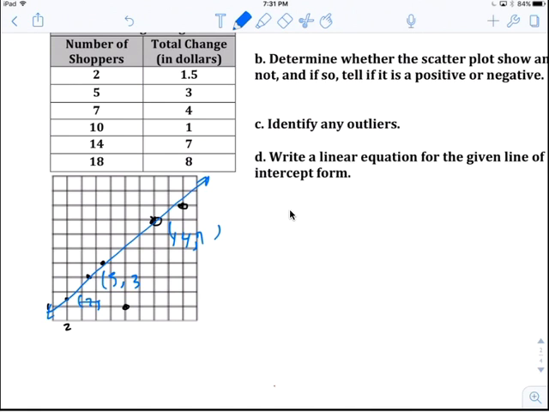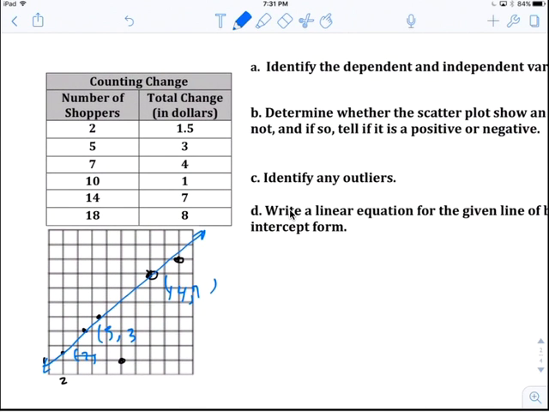Your dependent goes here. That's the number of shoppers. And oh no, dependent is total charge. Sorry, I was thinking independent. Total charge, number of shoppers.